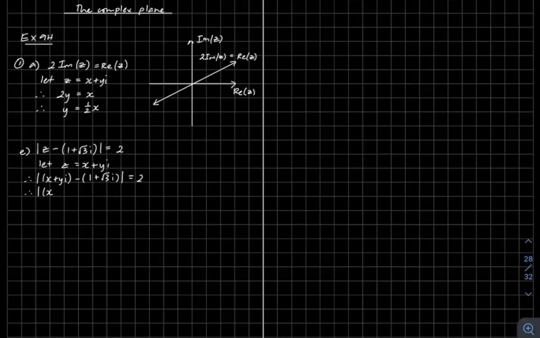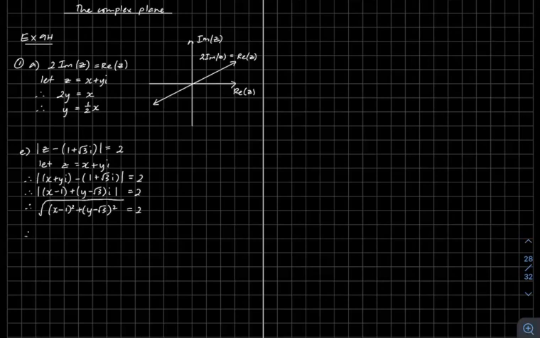Its real part would be x minus 1, and its imaginary part would be y minus root 3. Then we know the modulus is equal to the square root of the square of the real part plus the square of the imaginary part. That's our rule for finding modulus.